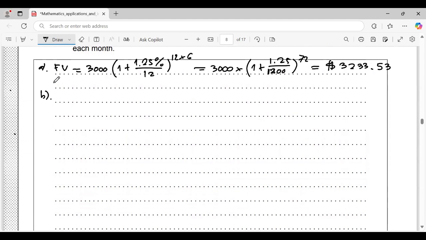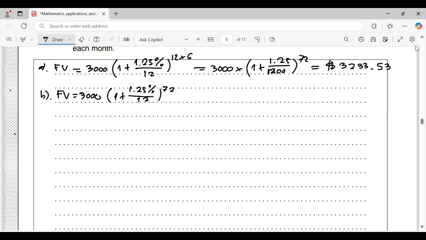I will use this formula: FV equals 3,000 times 1 plus 1.25% over 12, power 72, because 12 times 6.